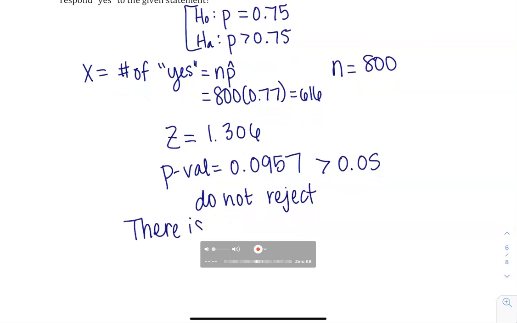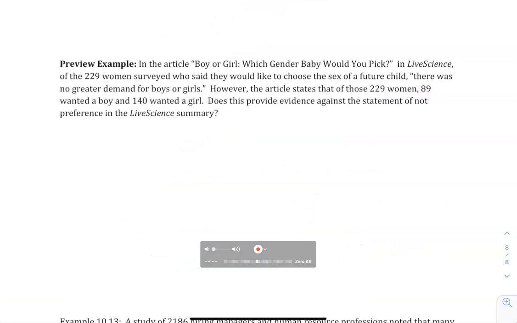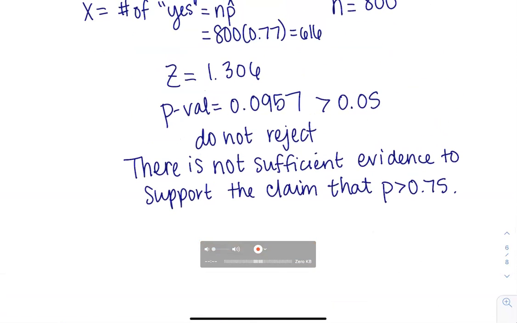There is not sufficient evidence to support the claim that the proportion is greater than 0.75. And we're done. Whoops, I didn't mean to click through that far. But there we go. Now we're done with that.